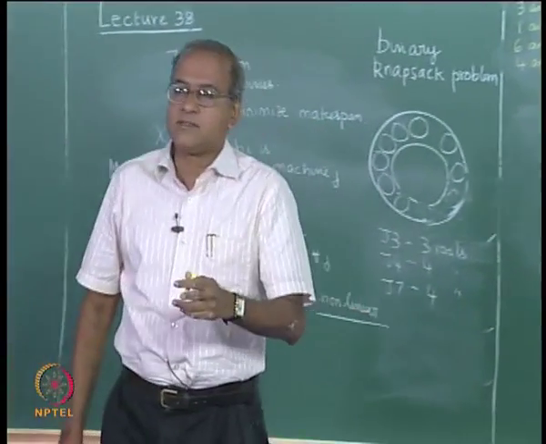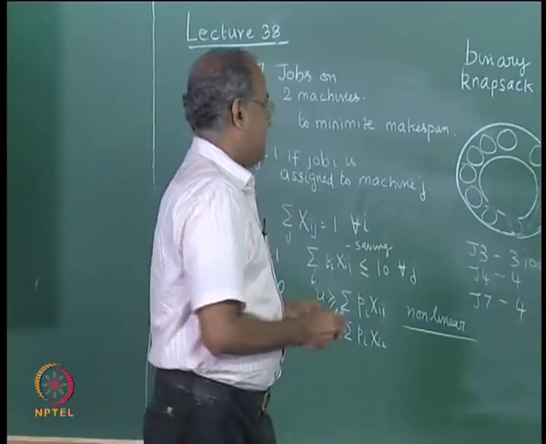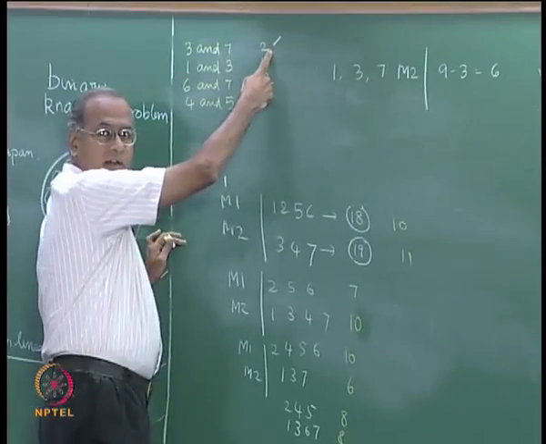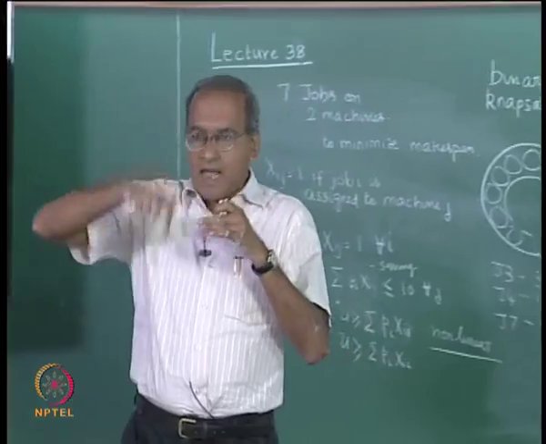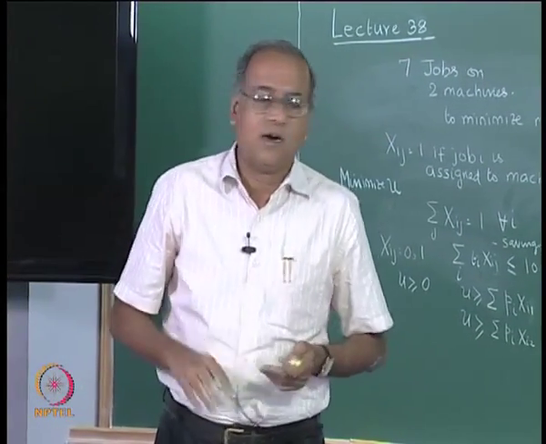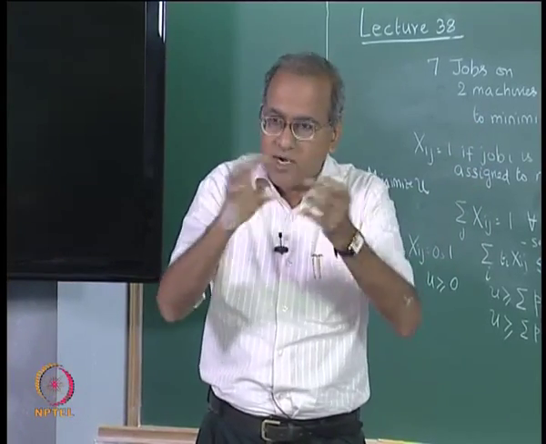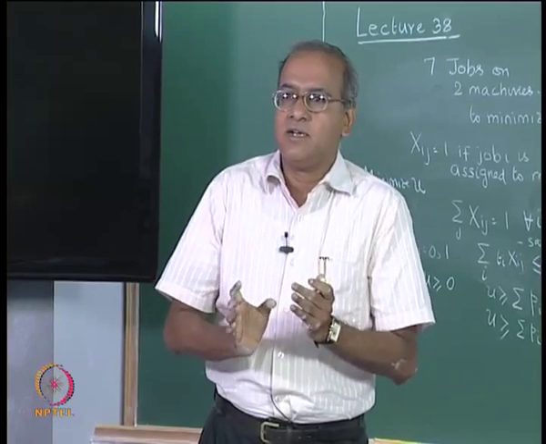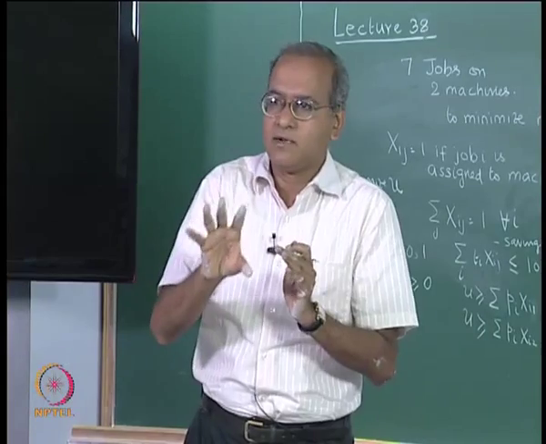It could be 6, it could sometimes be 7, because it might happen that 3 and 7 I can save 2 slots. 1 and 3, if it requires the same tool slot, then can I subtract? Now it depends on which are the tool numbers. Which are the tool numbers is another question that we have to look at.